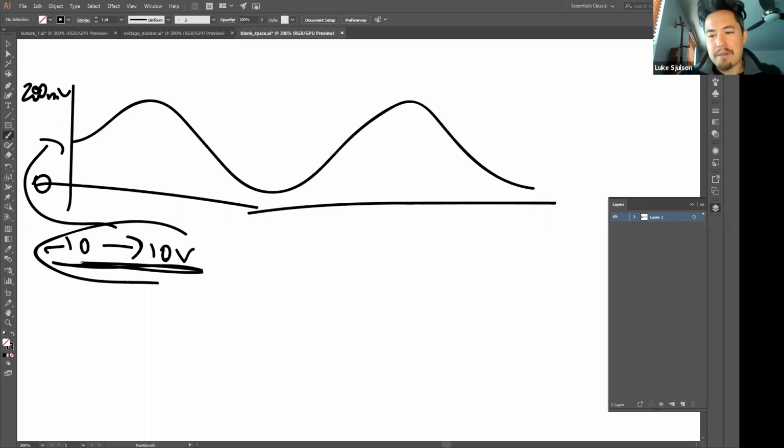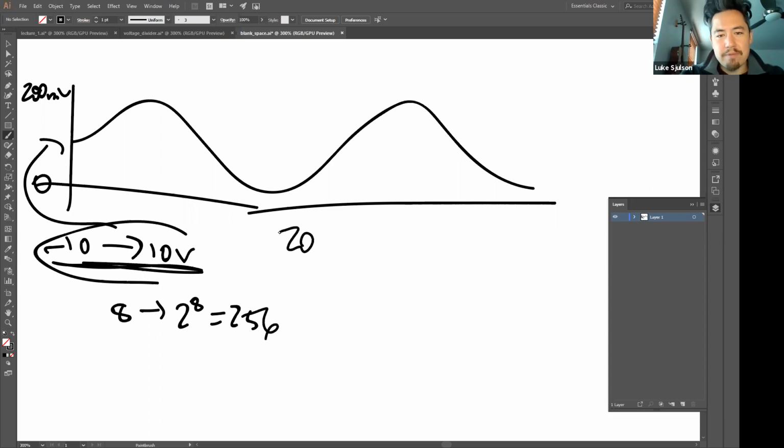So now we're doing it in the opposite direction of what we did before, the mapping from analog to digital. Here we have 20 volts, this analog space, mapping into an 8-bit DAC, an 8-bit D to A converter. So 8 bits means that it can take 2 to the 8 values, which is 256. So here we have 20 volts divided by 256 steps.